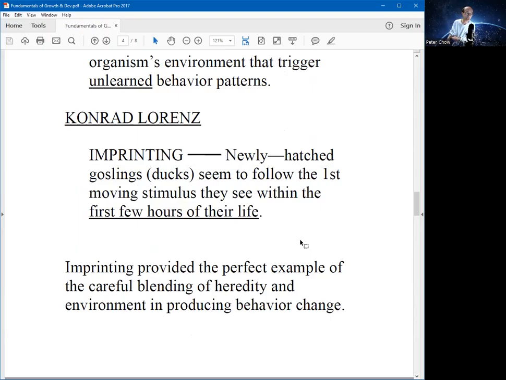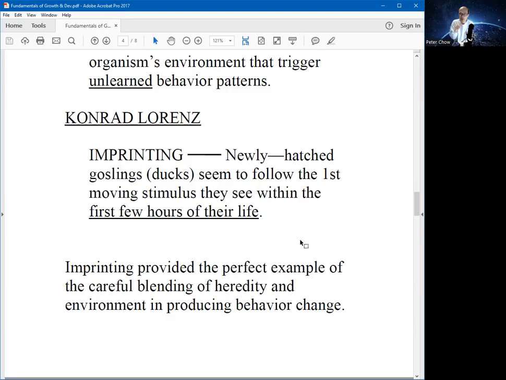They say imprinting is a very good example. Now, most of the time, a baby duck will follow the mother duck wherever she goes. You must have seen that sometimes, even on the highway or on city streets. And Konrad Lorenz was successful in getting the baby ducks to follow his shoes, because that was during the critical period.